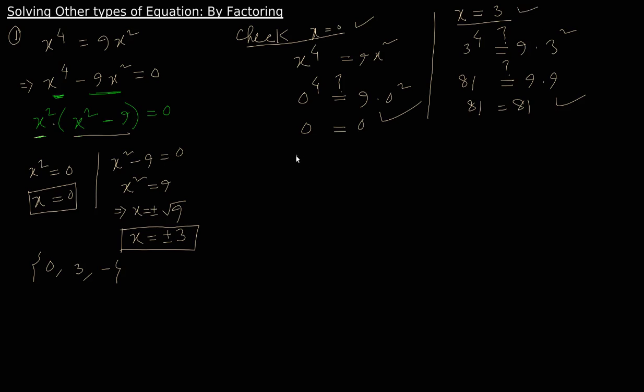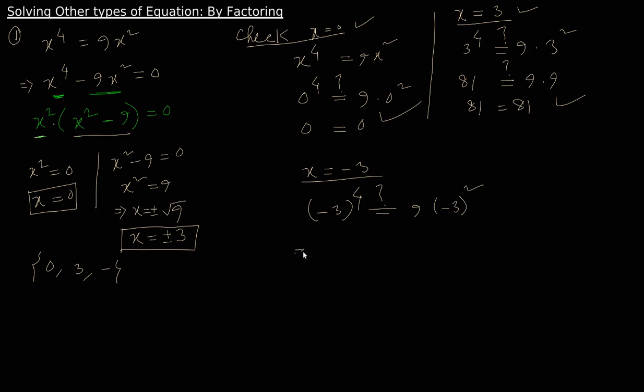Okay, so let's do the last one, which is to check x equal to negative 3. So I have negative 3 power 4, and I do not know if it is equal or not, 9 times negative 3 square.